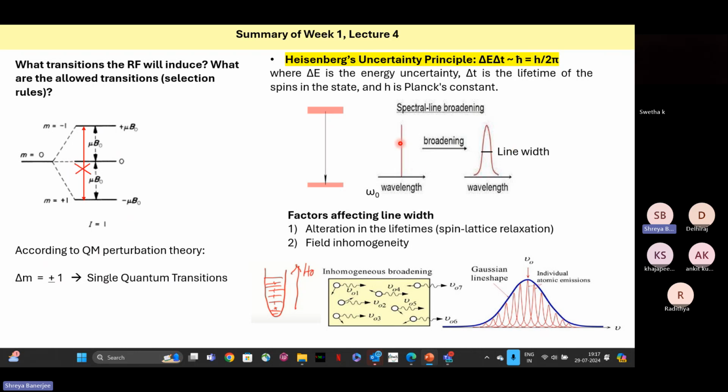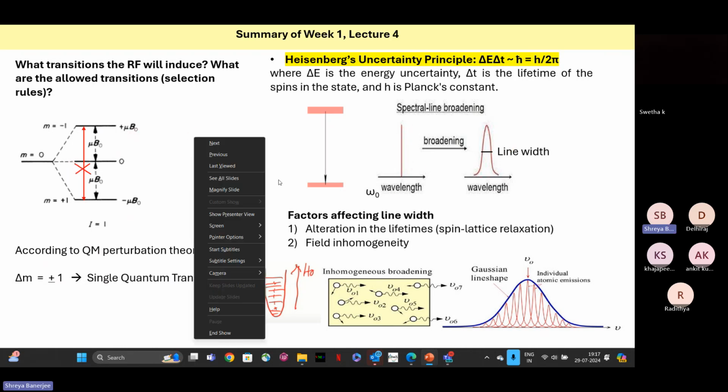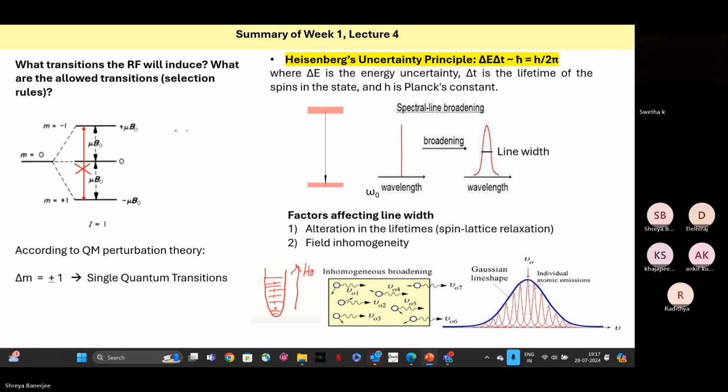Now in NMR, if you have 2 energy levels with a difference of delta E, we can write delta E as h nu. So you would expect that only if there is a radio frequency of exactly delta E equals h nu will this kind of transition occur.